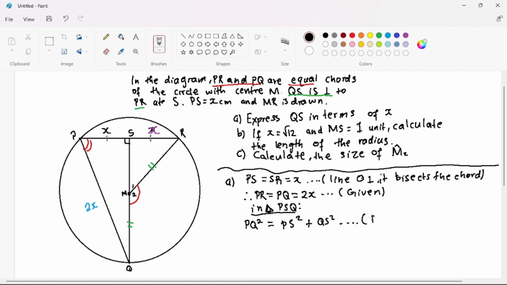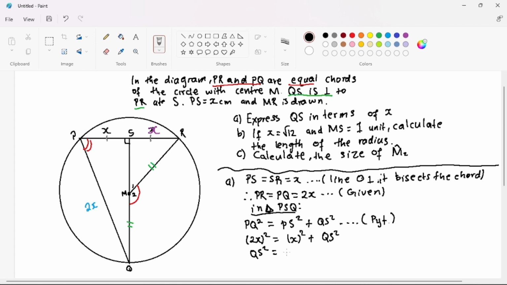And then our reasoning, you are going to say Pythagoras theorem. And then we know PQ is equal to 2x, and PS is equal to x, and we are looking for QS, and then we are going to transpose.